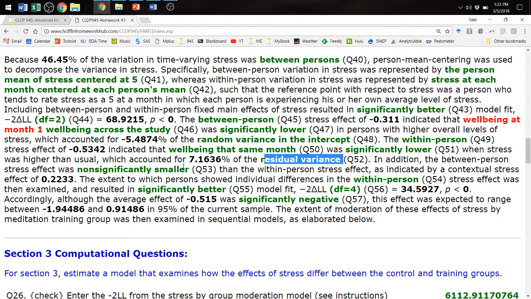So in this case, the between person effect was -0.3, whereas the within person effect is -0.5, so that one is bigger. So the between person is non-significantly smaller, as indicated by the contextual effect, which is the test of the difference.